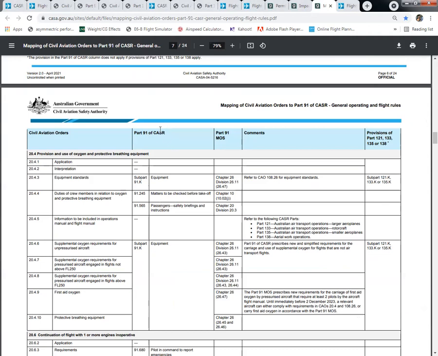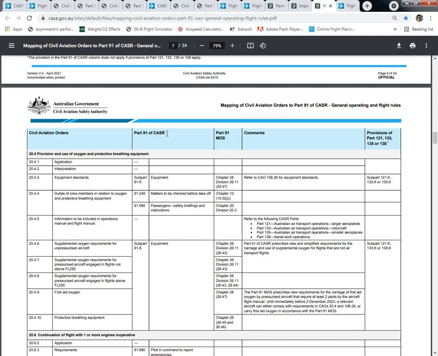So this is the CASR of 91 and the MOS, if there's a MOS reference to that as well. And if there's provisions of big aircraft and little aircraft and rotorcraft, there's reference to that as well in those companion sections. But sometimes if you're doing air transport operations, that supersedes the 91 regs, and you've got to go straight to the relevant section of your 135 or your 121 CASR or manual of standards.